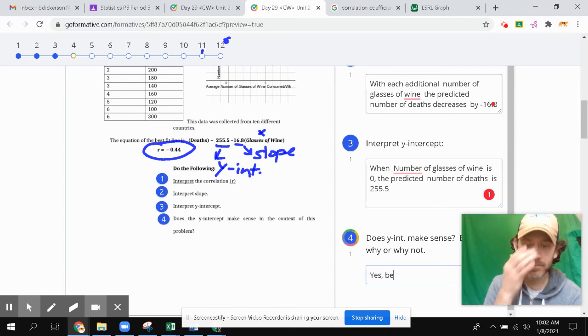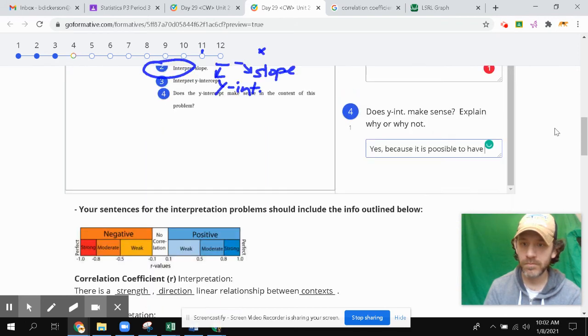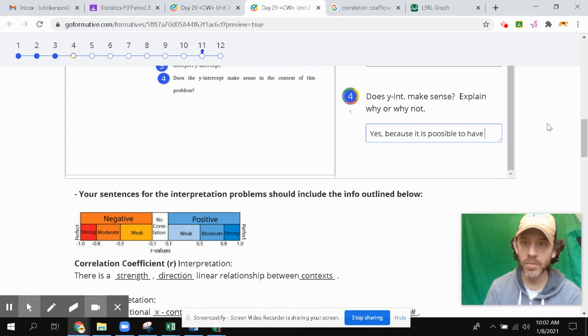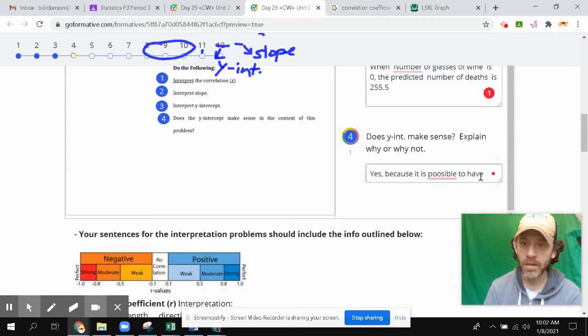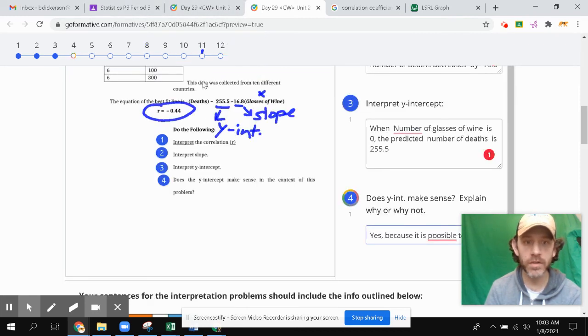because it is possible to have a country, right? What are we talking about here? It said that we took this data from countries. Sorry, I'm freezing up here, but yeah, talking about countries.